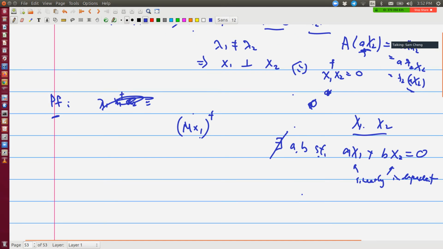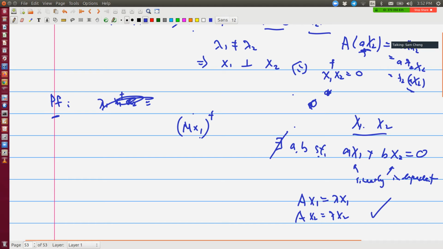And let's say I have A x1 equal to lambda x1 and A x2 equal to lambda x2. So this may happen actually, when the eigenvalue is degenerate. That will be in the sense that you have two eigenvectors sharing the same eigenvalue.